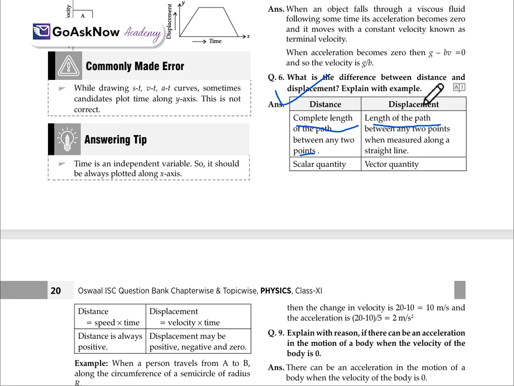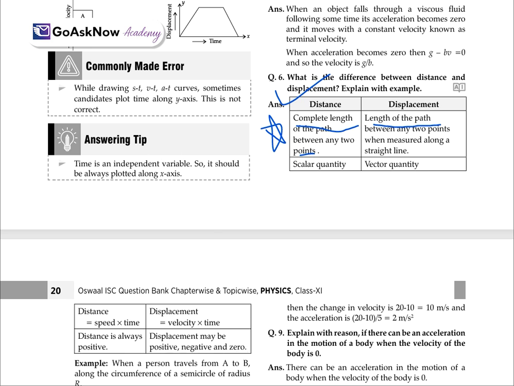Distance is a scalar quantity, displacement is a vector quantity. This is an important one. Also, distance is equal to speed into time, whereas displacement is equal to velocity into time. Distance is always positive, displacement may be positive, negative or zero.